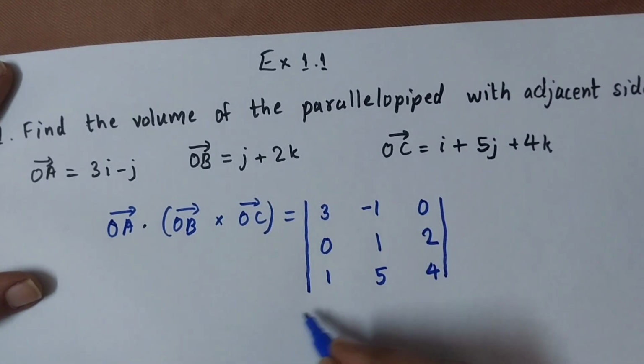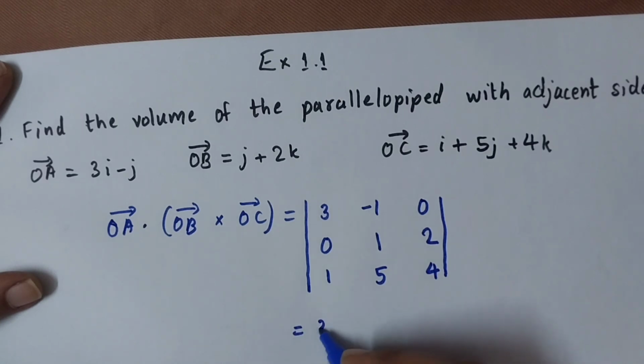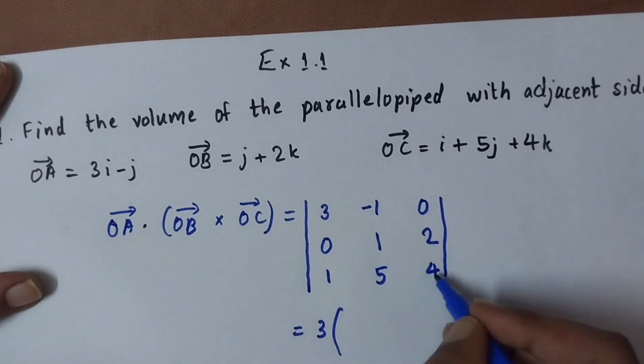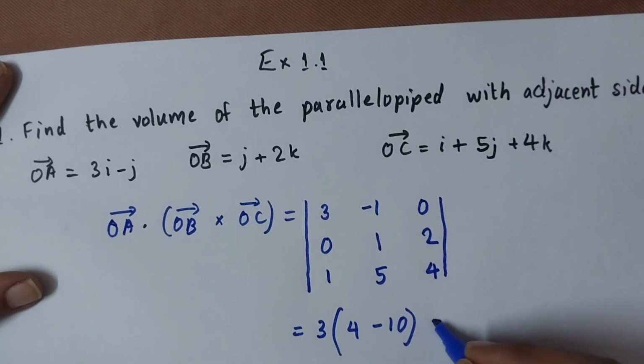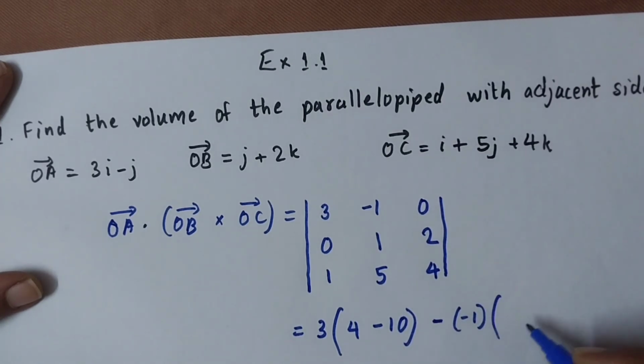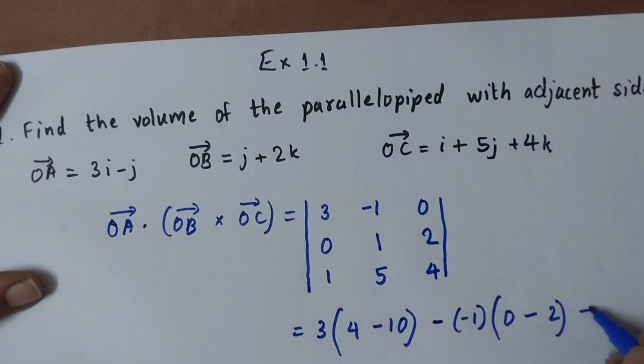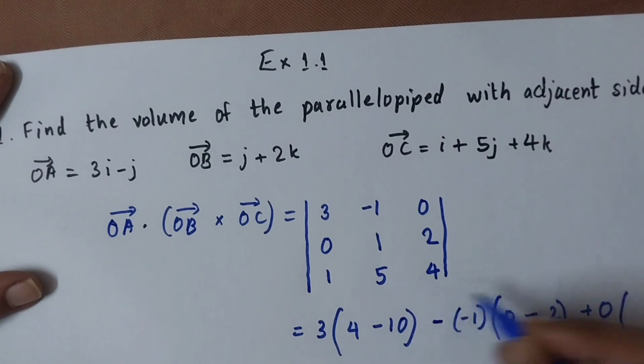So when you expand this, you will get 3 times (1 into 4 is 4 minus 10) minus 1 times (0 into 4 is 0 minus 2) plus 0 times (0 into 4 is 0 minus 2).